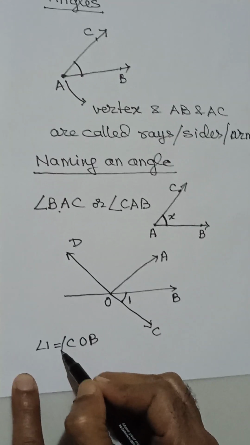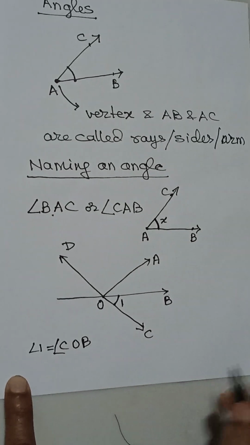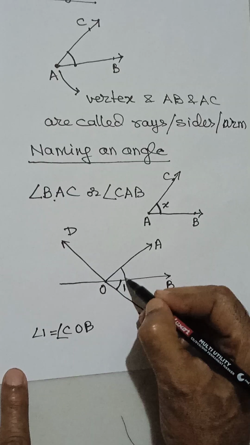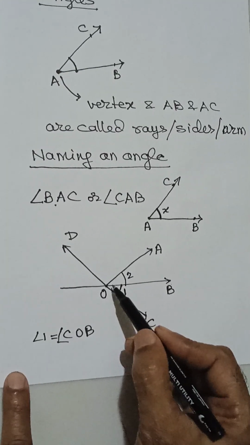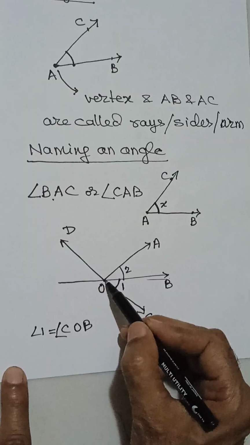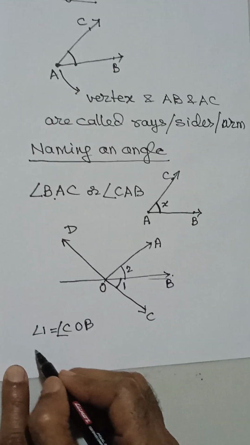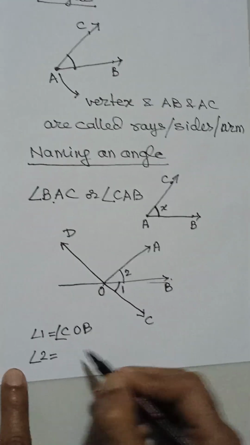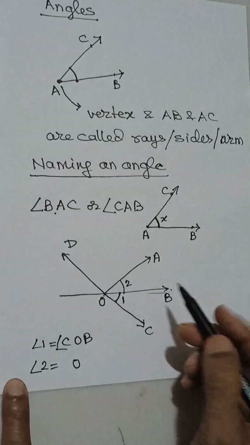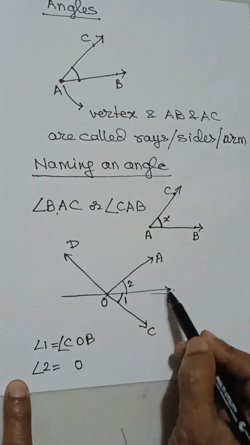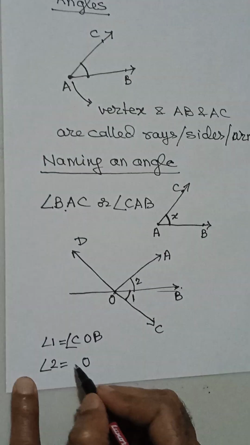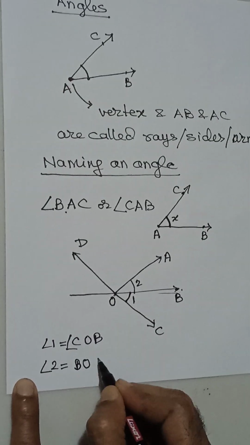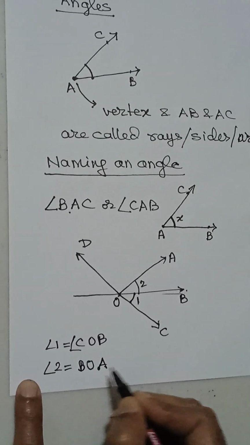Similarly, suppose in short it is angle 2, this angle is formed by two arms, OB and OA. So angle 2 will be, always O in the middle, formed by two arms OB and OA.